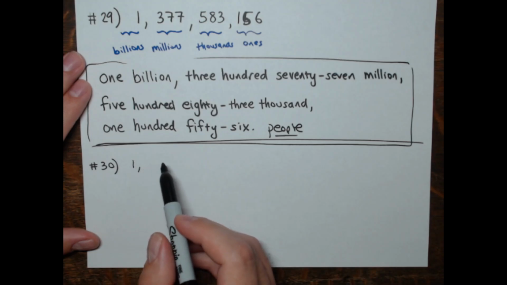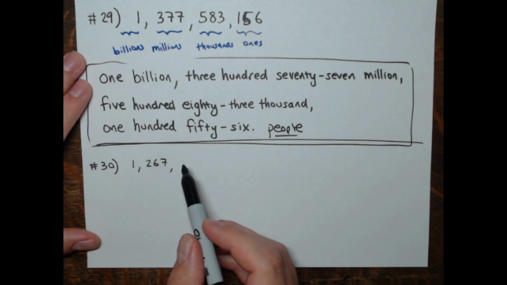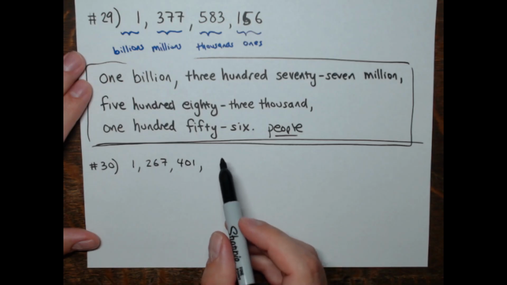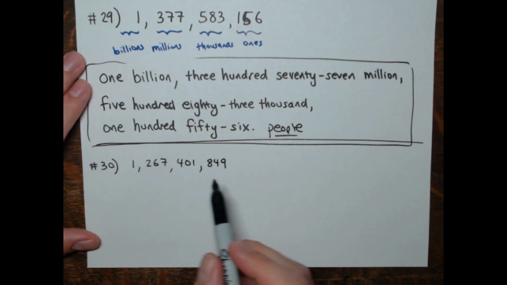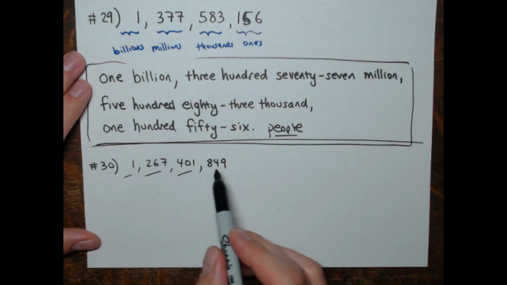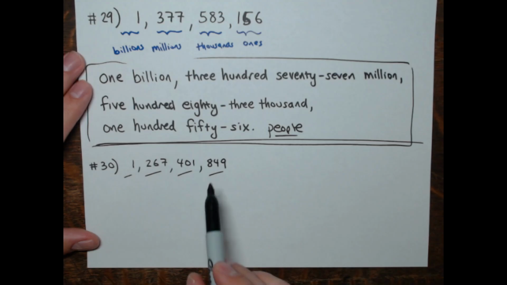So here it is given in digits, 1 comma, and then 267 comma, 401 comma, 849. So again, the 4 periods: billions, millions, thousands, ones.